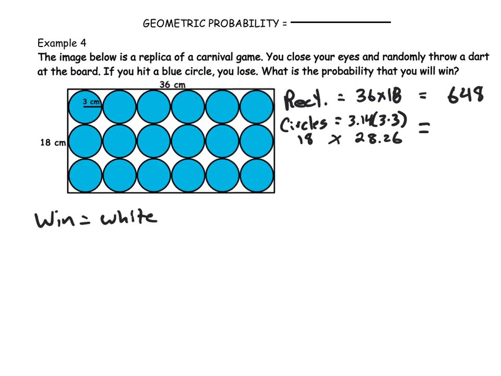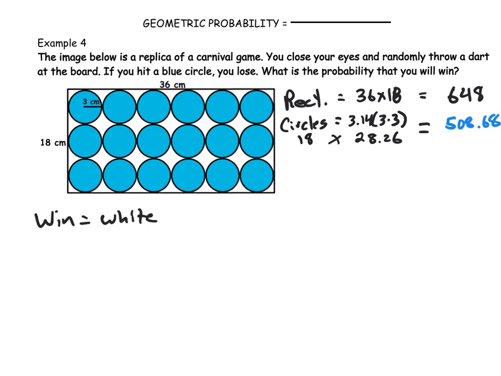So 28.26 times 18. The entire blue area, I'll write it in blue so that you know that it's the blue area. The entire blue area is 508.68. Now, I want to figure out the white area.